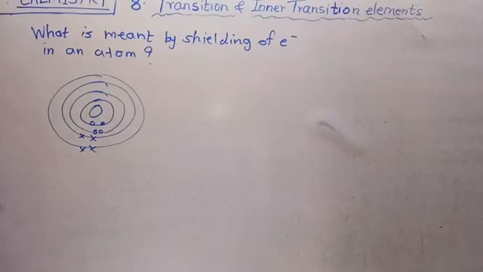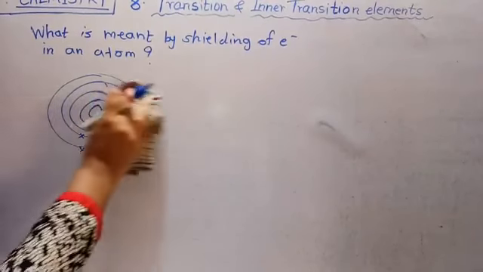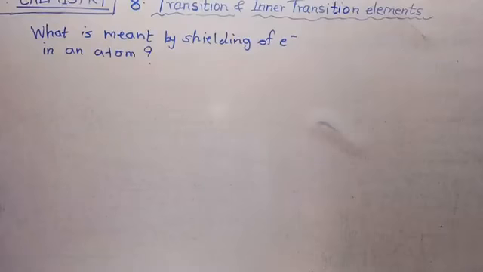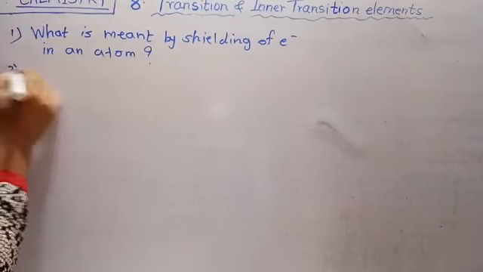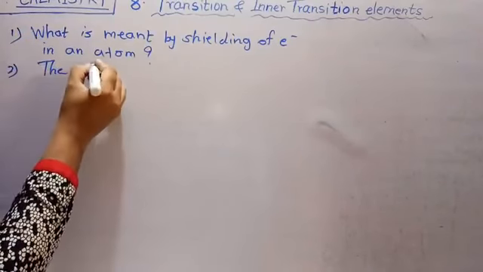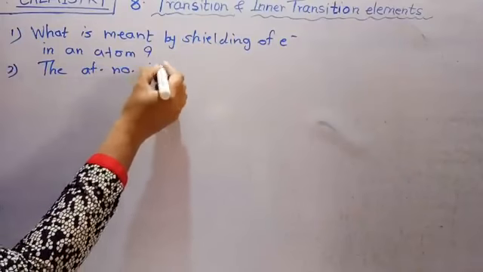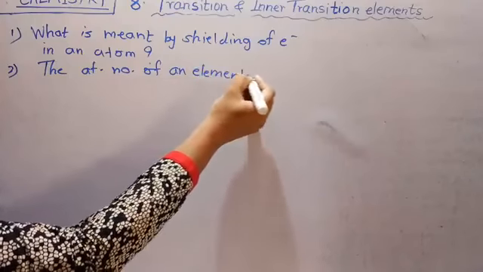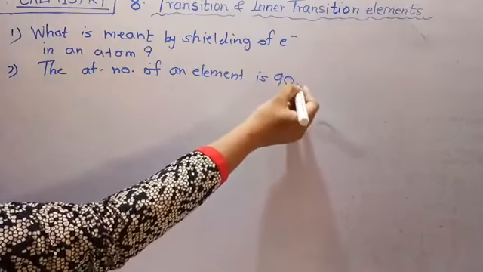Then there is the next question: the atomic number of an element is 90.